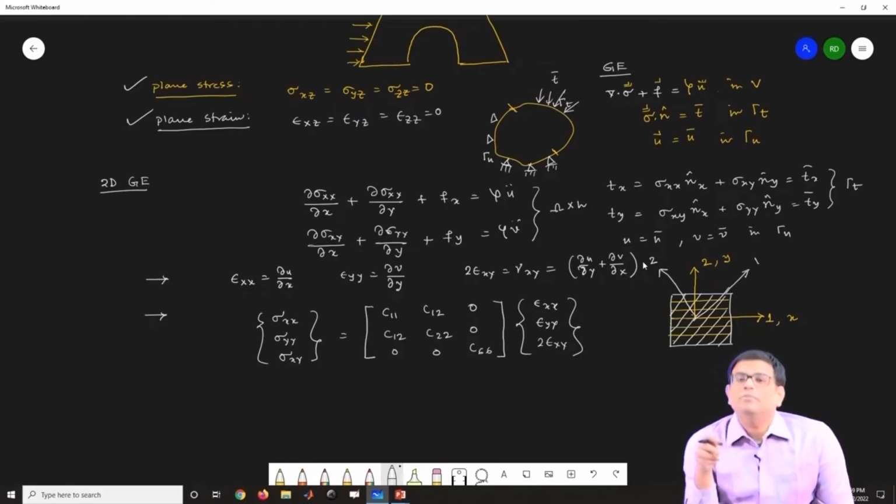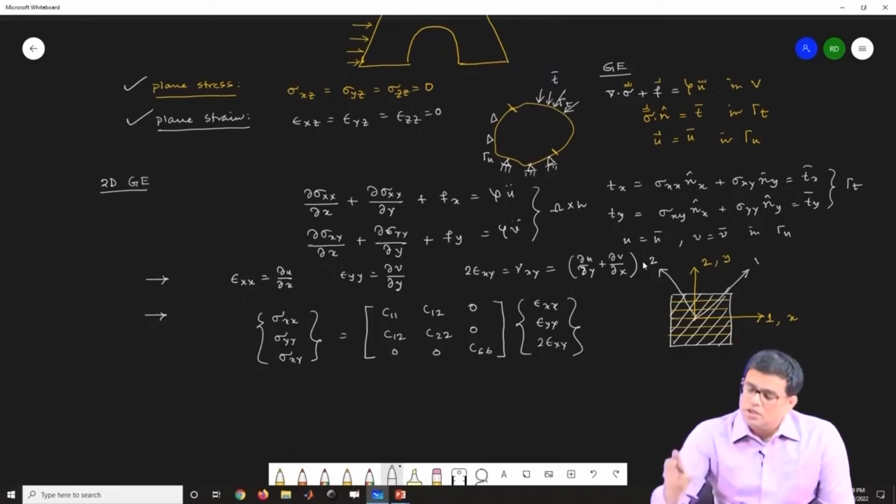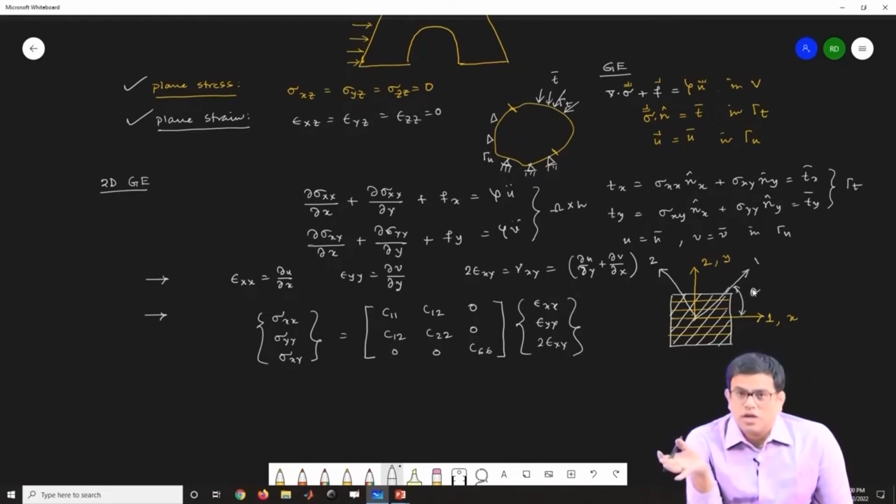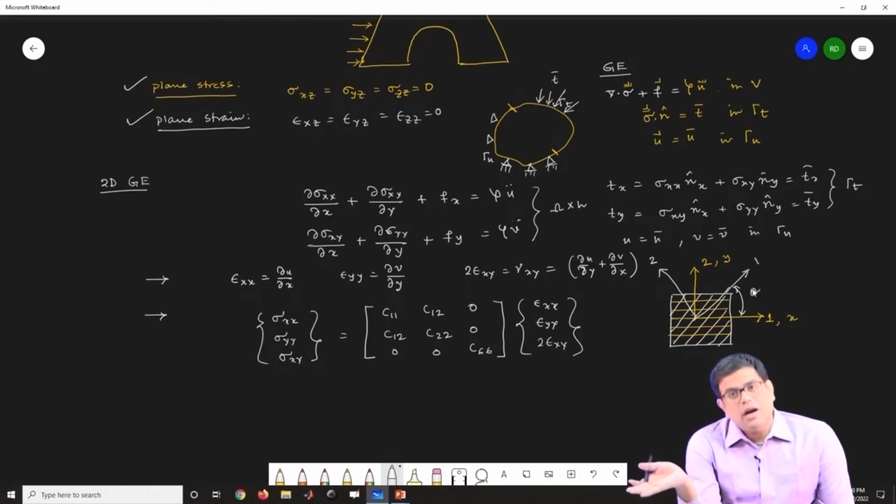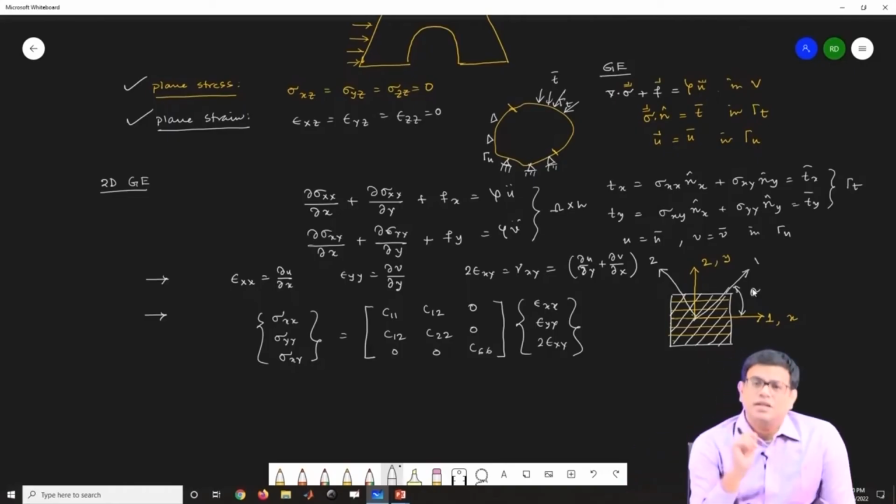When the material axis is oriented relative to the body axis, we have to do the transformation of this constitutive matrix. If this is the angle theta, then we know how to transform this quantity from the material axis to the structural axis.